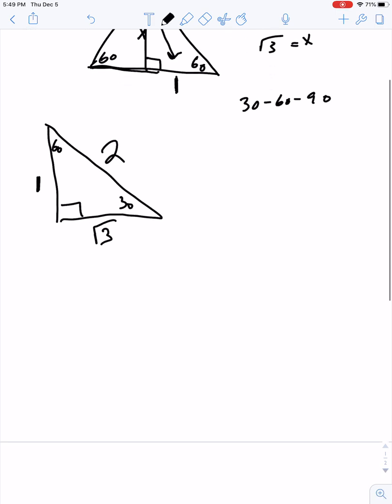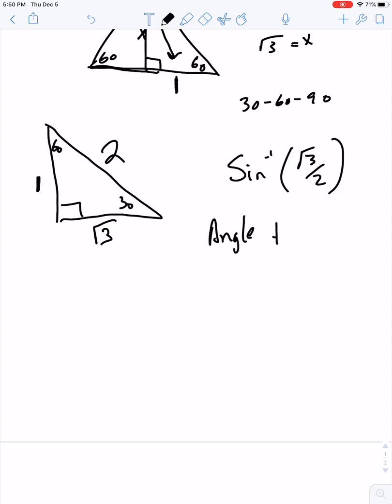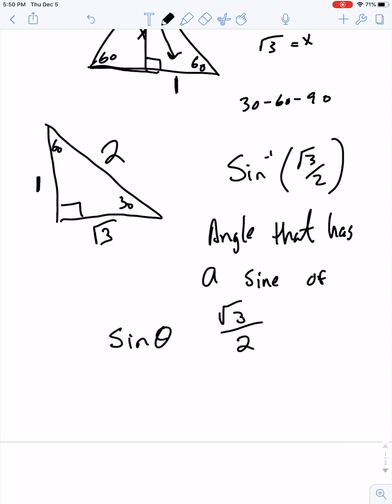So there's our special 30, 60, 90 right triangle. Let's work with this one a little bit. Let's say that you're asked to find the inverse sine of square root of 3 over 2. What that's saying is find the angle that has a sine of root 3 over 2. Basically, when does sine of theta equal square root of 3 over 2?